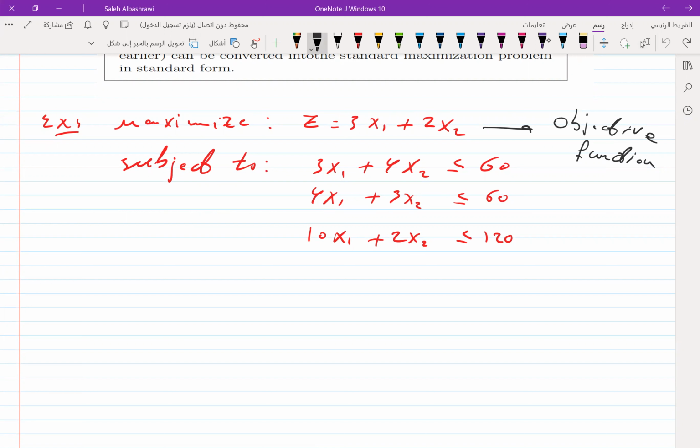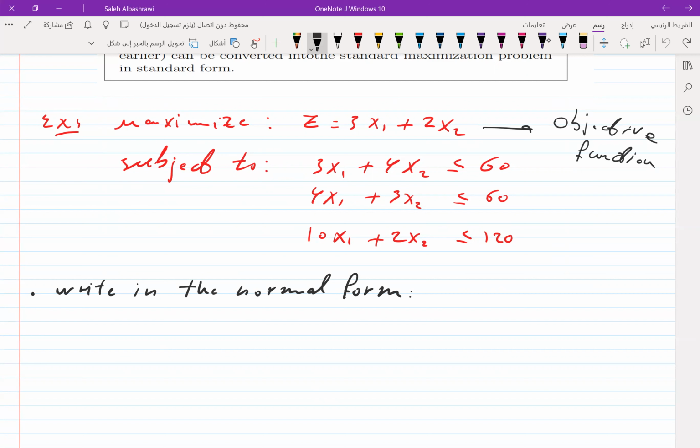So step number one, we are going to write it in a normal form. Normal form means writing all of these in the form of equations.